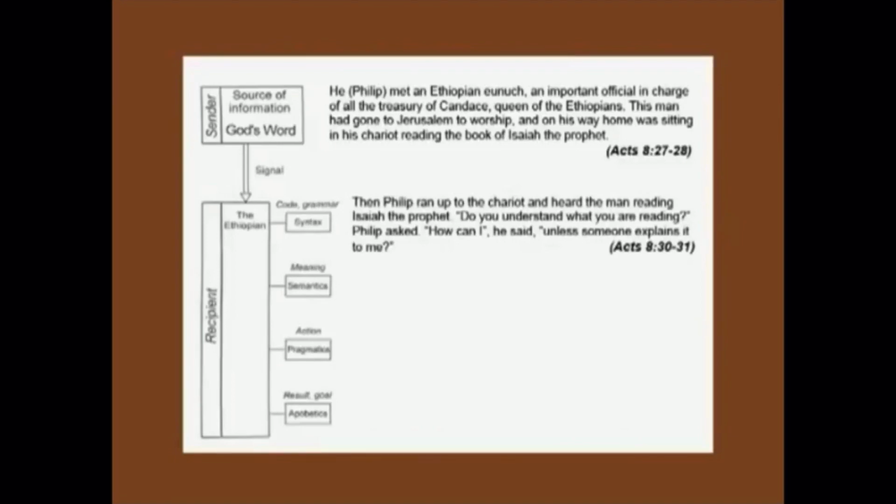Then Philip ran up to the chariot and heard the man reading Isaiah the prophet. Do you understand what you are reading? Philip asked. How can I? he said, unless someone explains it to me.